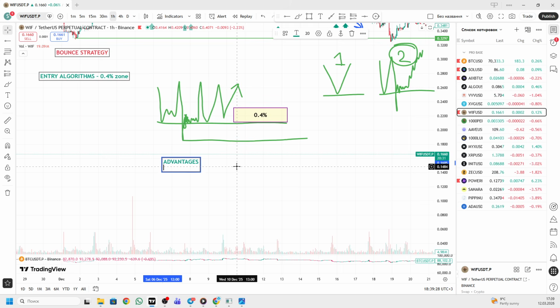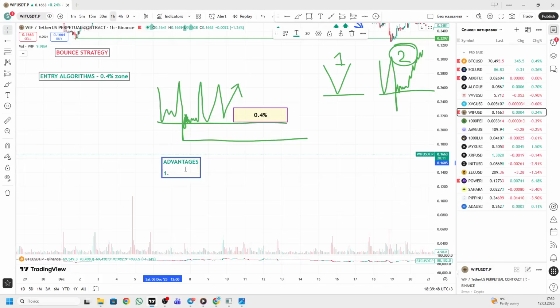Advantages. First, you clearly understand, so here is the level, here is the zone, and that's where you work. So how can we call this advantage?